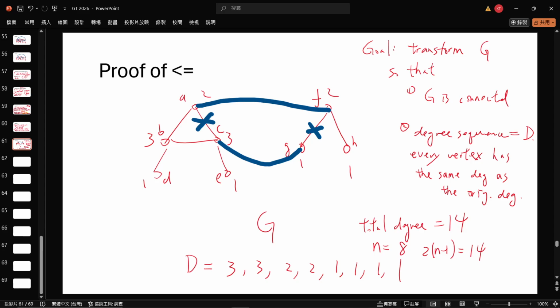But it seems like first we have to create two edges, and then remove the two corresponding edges. So how to find these two edges?